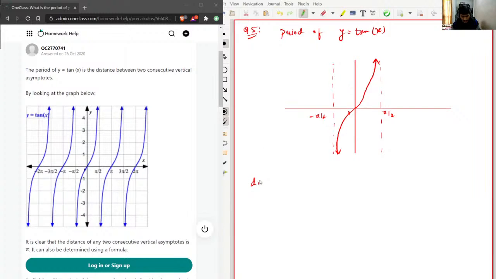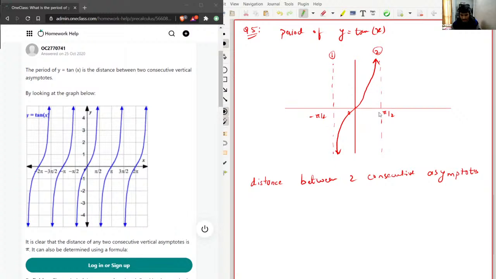So it is the distance between two consecutive asymptotes. One asymptote is this one, and the other one is this.